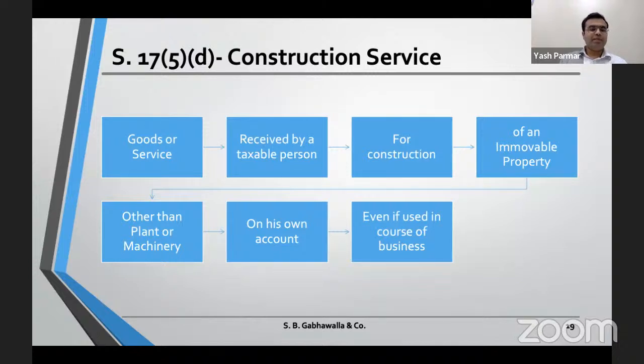What this means is that if any goods or services are received by a taxable person for constructing an immovable property, even if it is for its own use, and even if it is used in the course or furtherance of business, ITC will be blocked. The only exception to this clause is plant and machinery. So if these goods and services are used for plant and machinery, ITC will not be blocked. In all the other cases, ITC will be blocked.